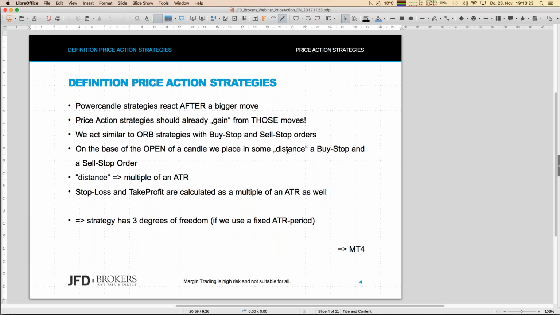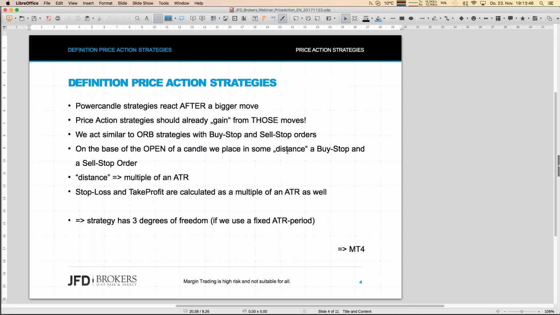So if the overall volatility goes up, then those distances in absolute numbers, in pips, for example, would increase.